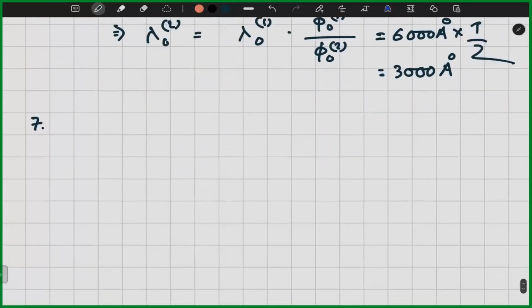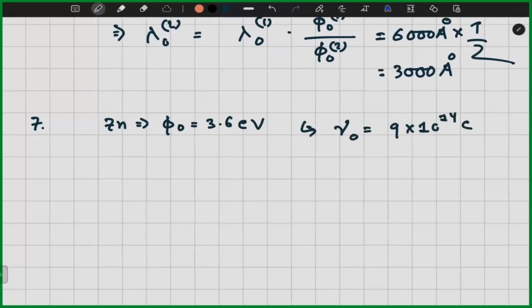Okay. Question 9. For zinc, the work function is 3.6 electron volt. The threshold frequency is given in CPS. Then they have asked to evaluate the Planck constant.